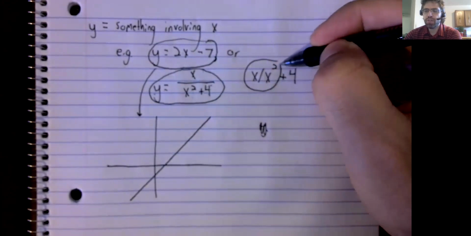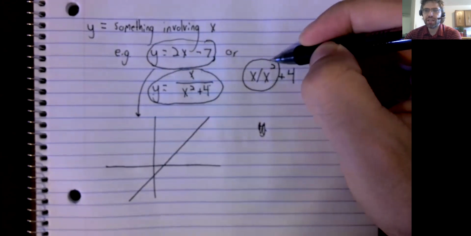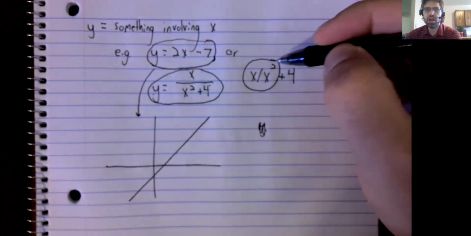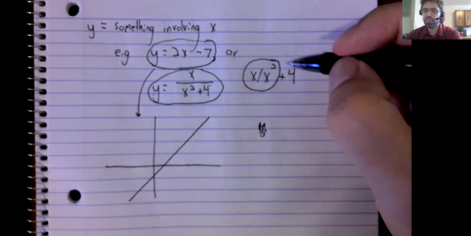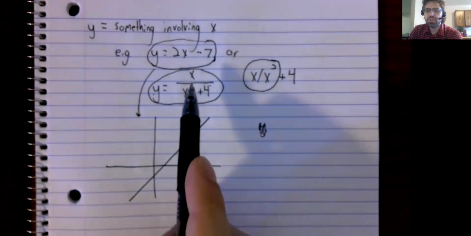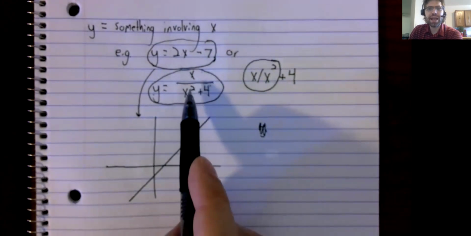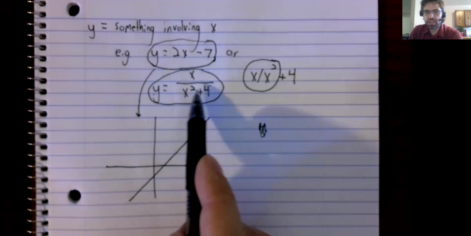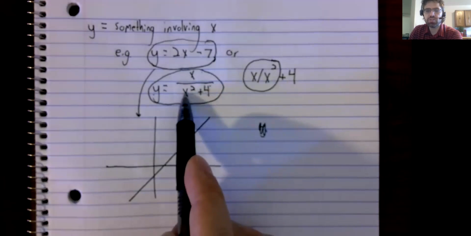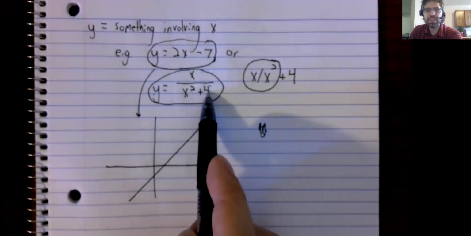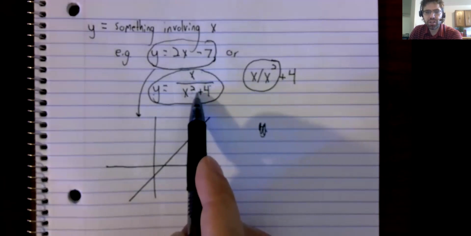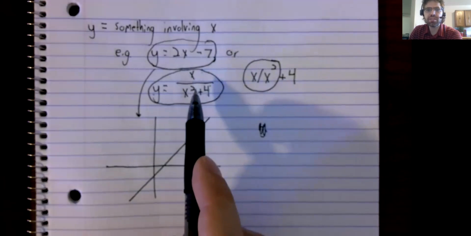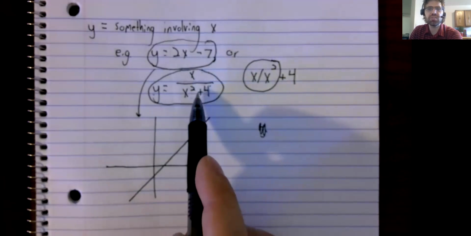And the order of operations says division comes first. That's not what's supposed to be happening here, though. This addition comes first. We do the addition, then we divide x by this sum.